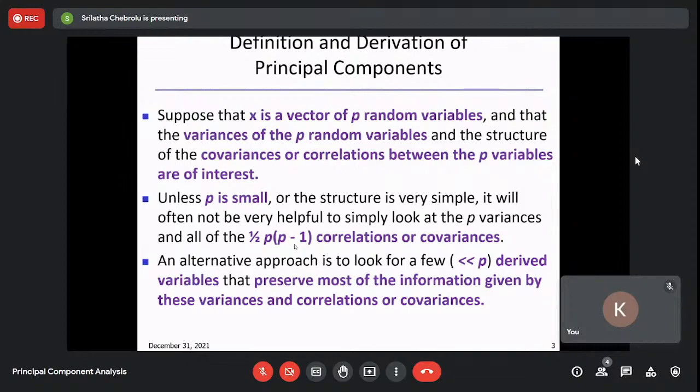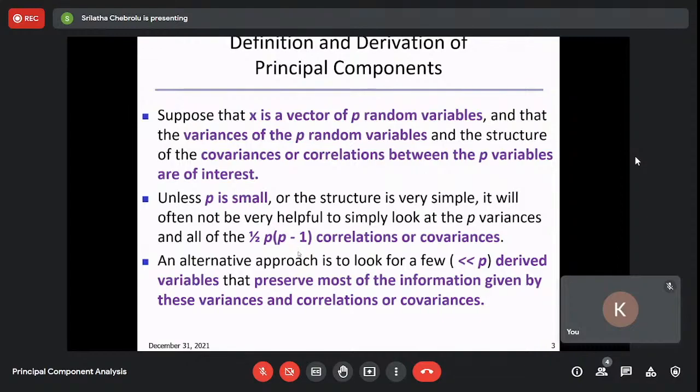In that case, we will be using PCA, principal component analysis. So what you have to do is obtain a new data set with reduced dimensions, but still preserve the variation of the data set.